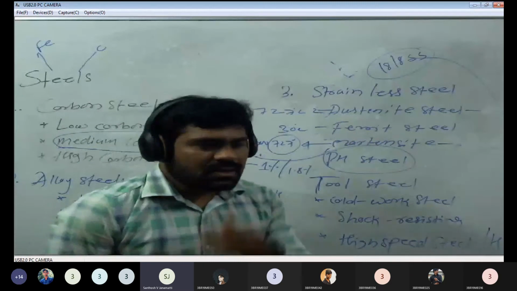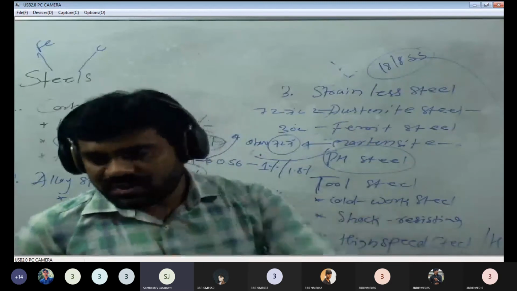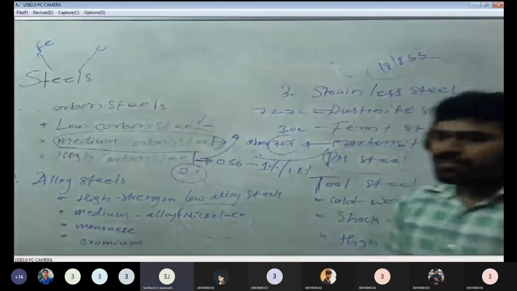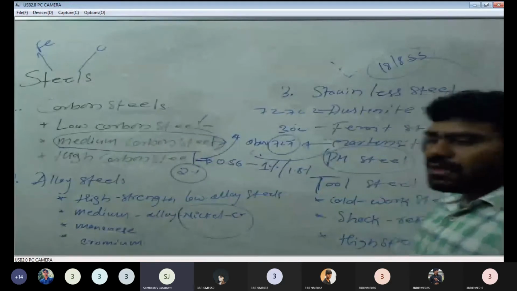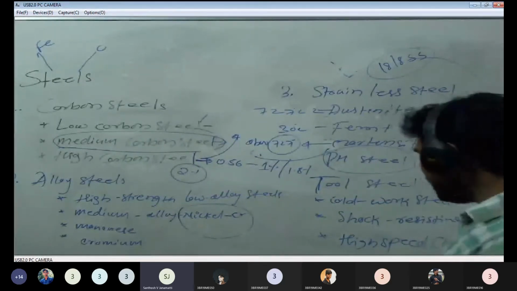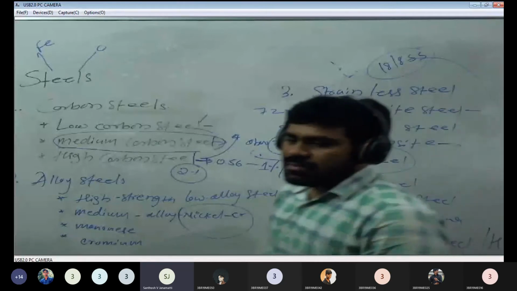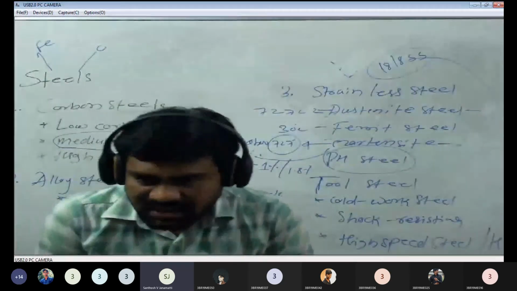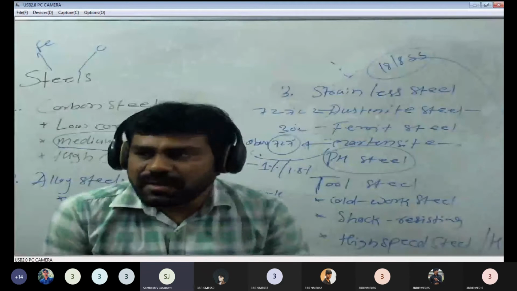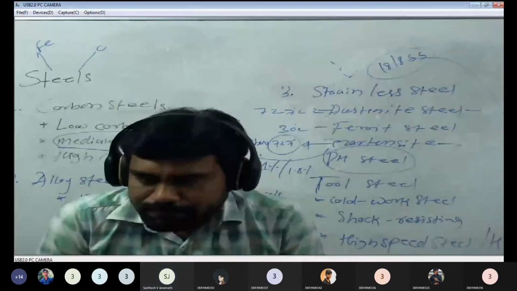You might have heard this word, shafts. Many kinds of shafts are made by high-speed steel or HSS steel or 18-8 stainless steel. Especially these three steels are used to make shafts.